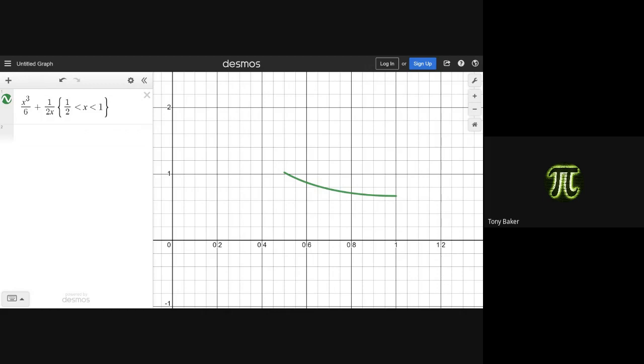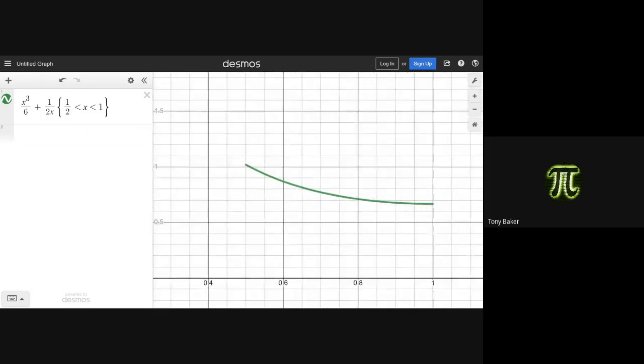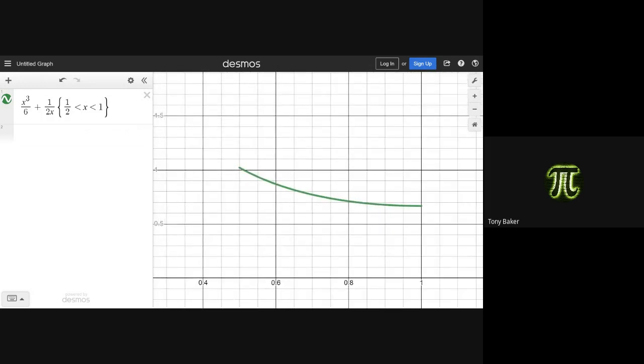So when you're looking at how it's rotated, that's how you determine its radius. If I'm rotating around the x-axis, from 1/2 to 1, how is my radius changing? My radius is changing based on that green line, which is my function.